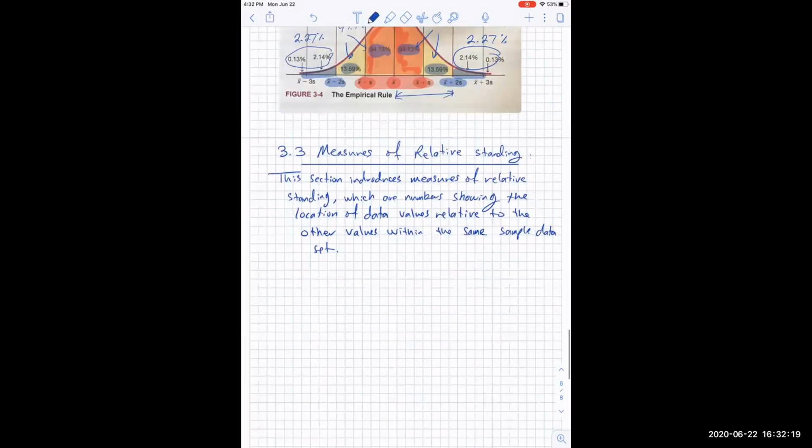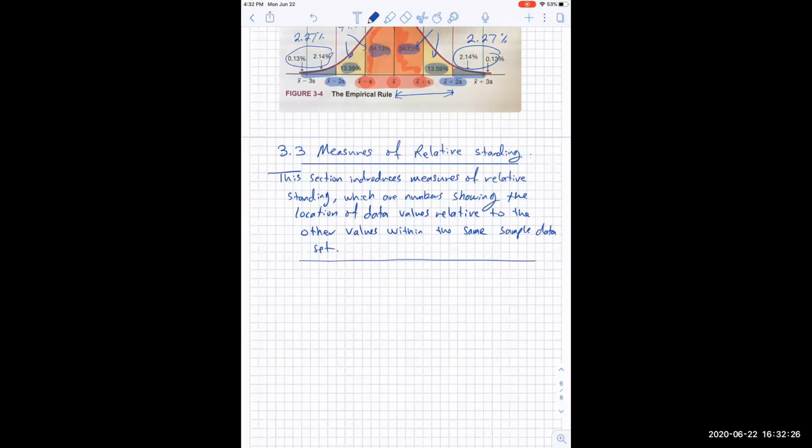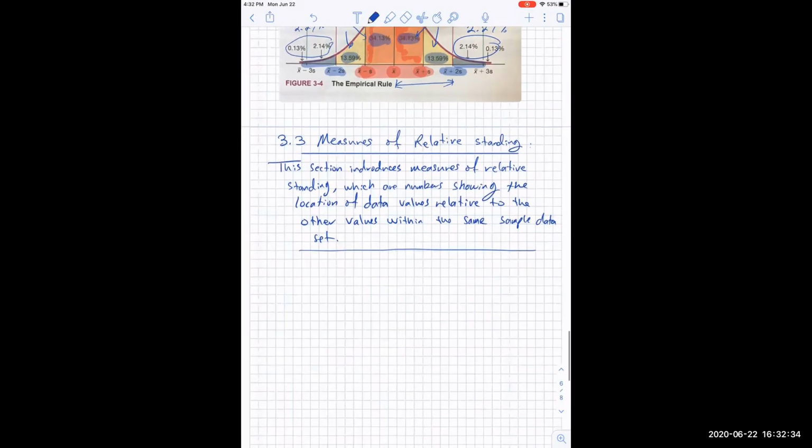So I'm going to talk about something very important that can be used to describe the relative standing of data values. We call it the z-score or the standard score. Each data value has a z-score. So number one, z-scores.